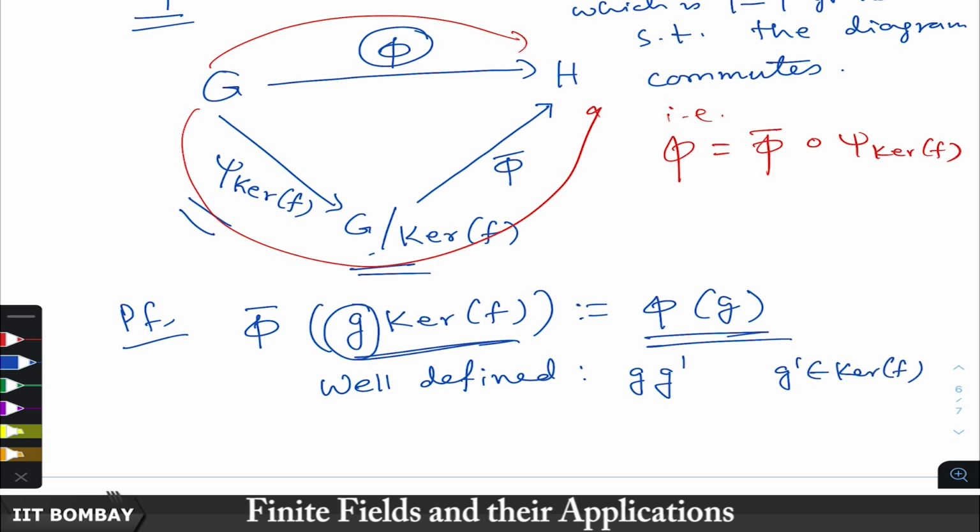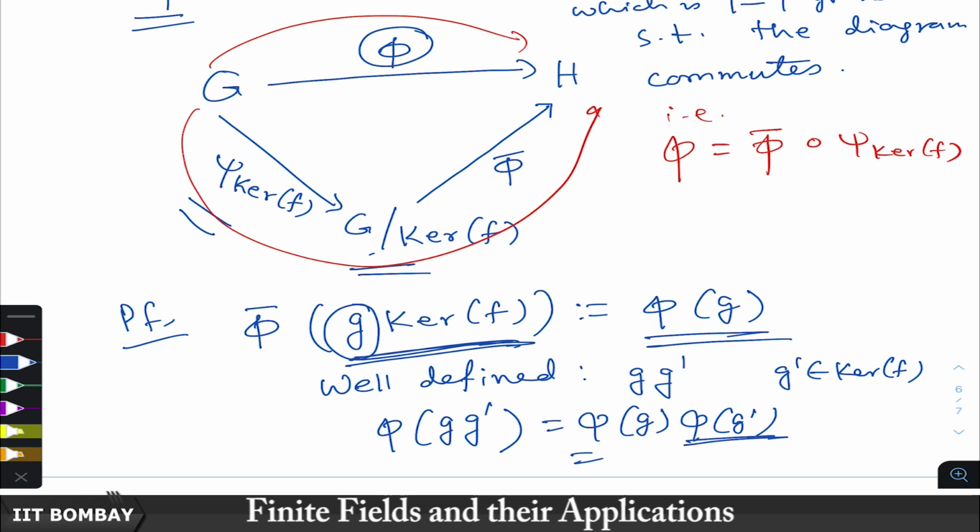So, if we take this, then what is phi of g prime? That should be the same as phi g, because phi g times phi of g prime, and this is the identity element, so it is phi of g.